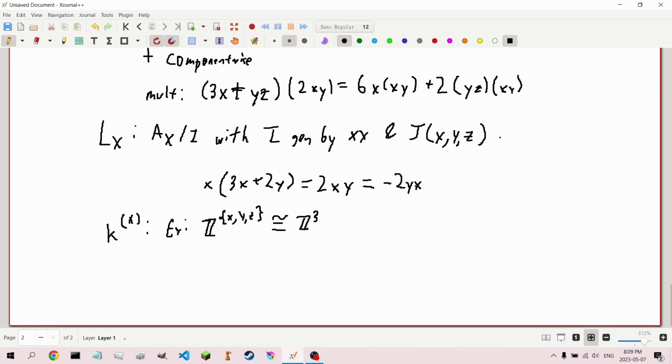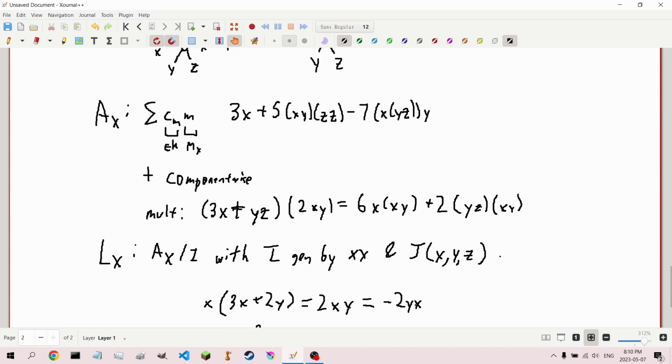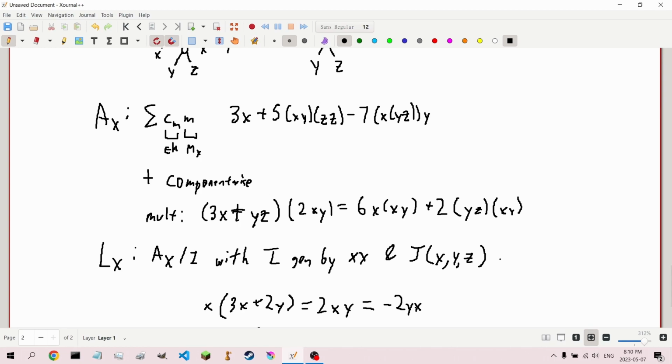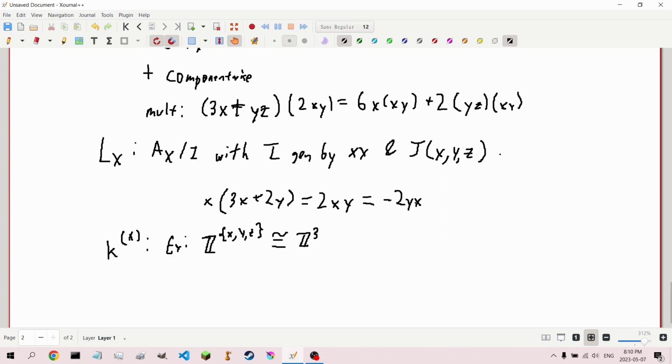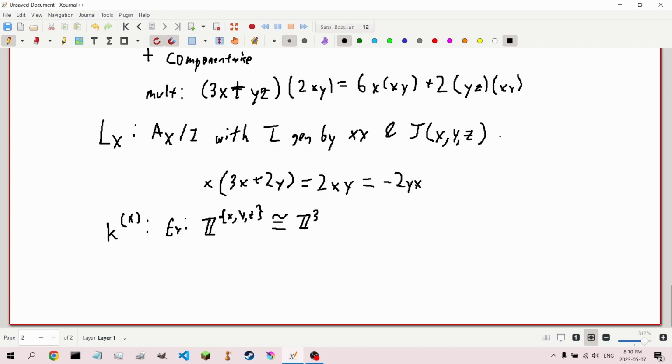It looks like our free algebra, but keep in mind, first off, it's a module, not an algebra, so we don't have this multiplication. And so you could write it as like 3x plus 2y plus z if you wanted.